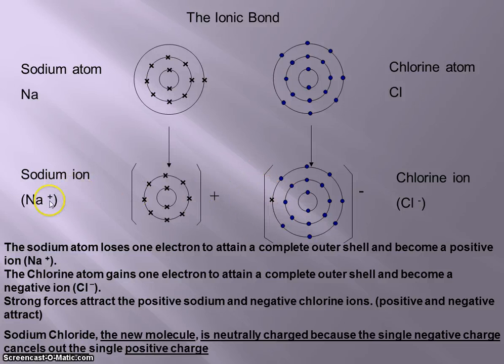Since it's a positive 1 charge and a negative 1 charge, when they are together, it evens out so that you have a neutrally charged molecule made out of a 1 positive ion and a 1 negative ion, causing them to stay together. And now you have an ionic bond between these 2 elements, creating a new molecule.